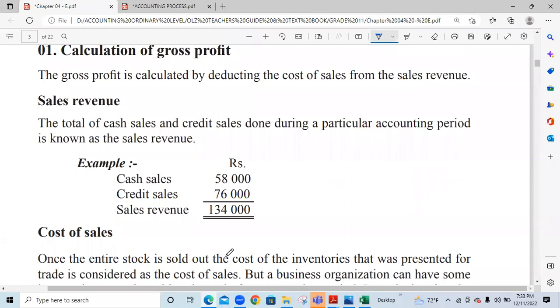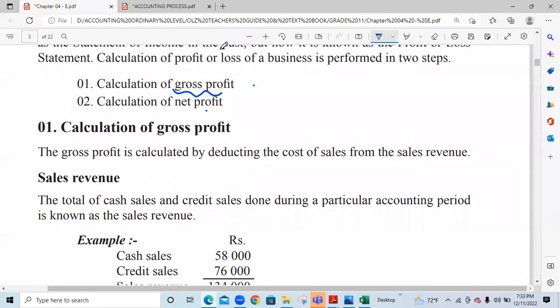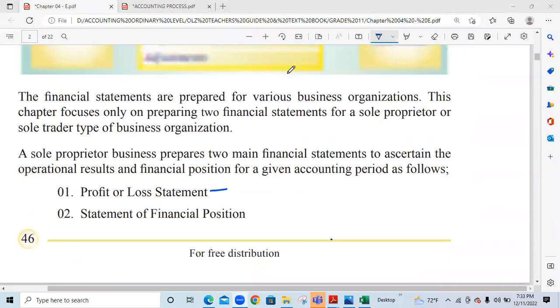Guys, these terms I haven't explained to you yet. One by one I'll explain the terms, no worries. Now guys, how to find gross profit? Can you take your books and write the first equation. I hope you have already put the heading.